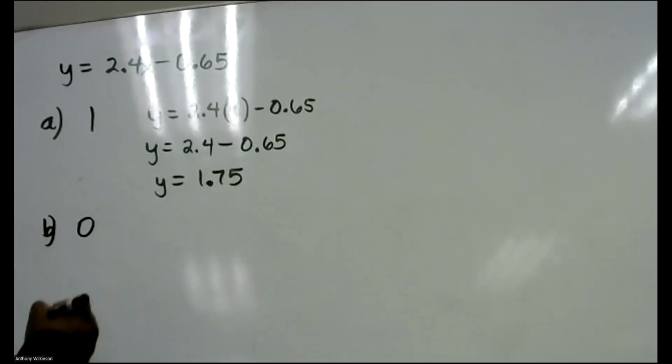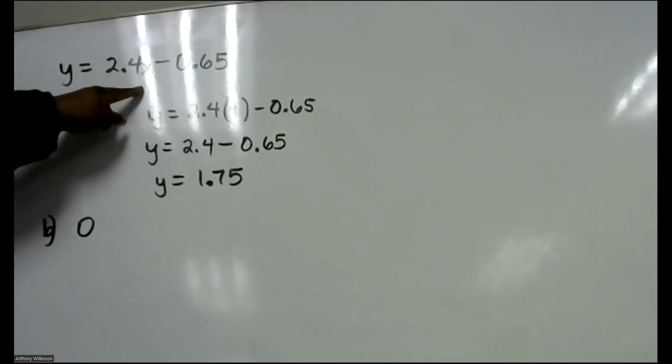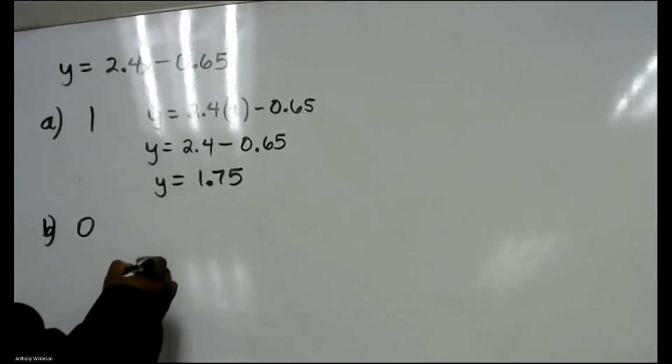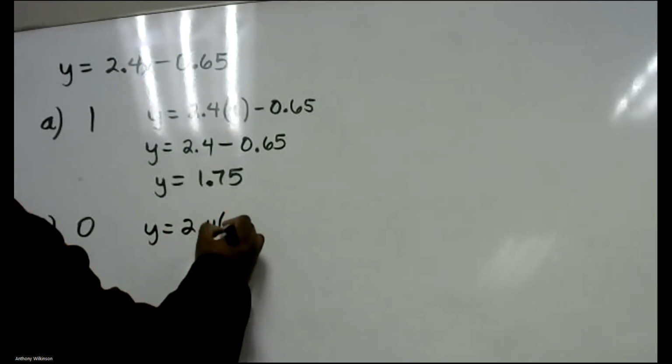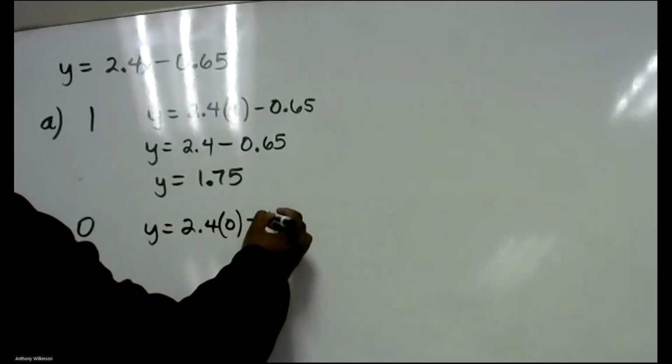All right, B, you have 0. That means x is going to be equal to 0. So we just substitute 0 in for x in the equation of that trend line, or line of best fit.